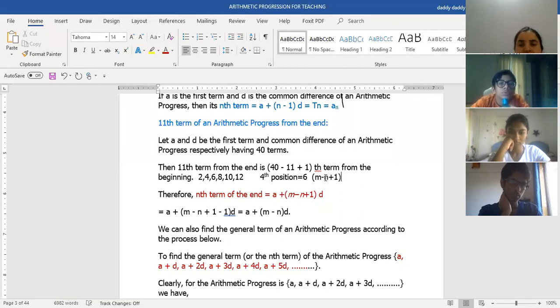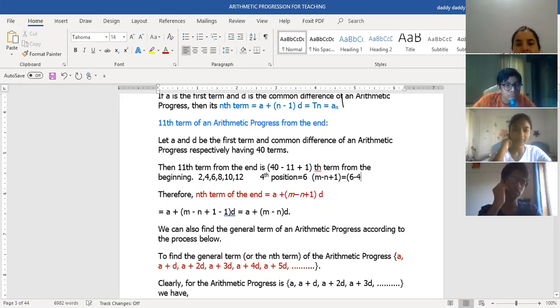So let's put the values. What is your m? m is your number of terms which are given in the series. How many terms have I taken? 6. In place of m, I'm going to put 6 minus which position I'm talking about right now? 4th.